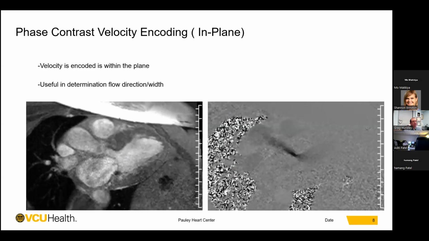As we see here, an example of a patient I have with hypertrophic cardiomyopathy and a subaortic membrane. We can see on the right hand side the flow jet, and the higher the velocity, the darker the blood flow jet is, which is coming from the area of obstruction.